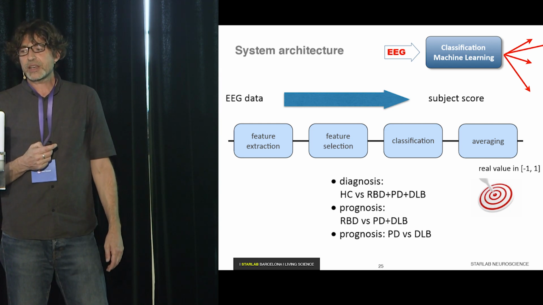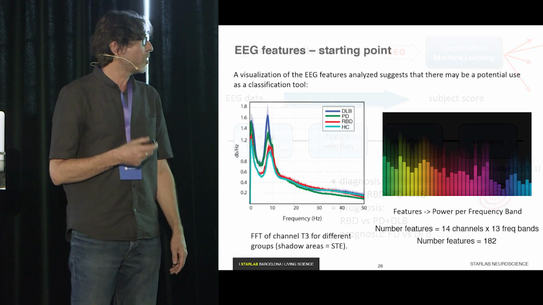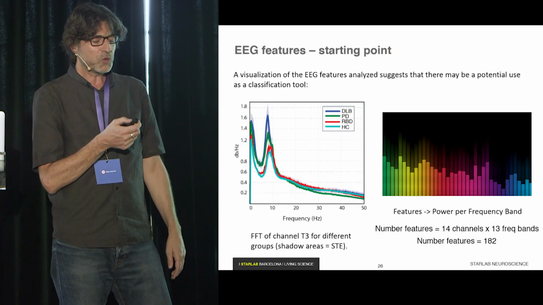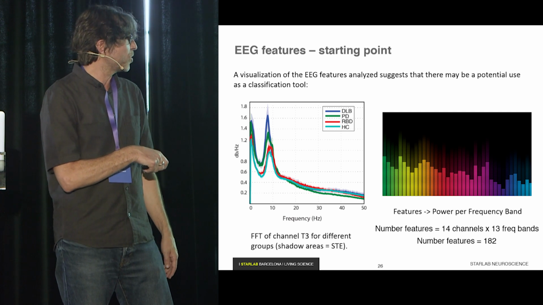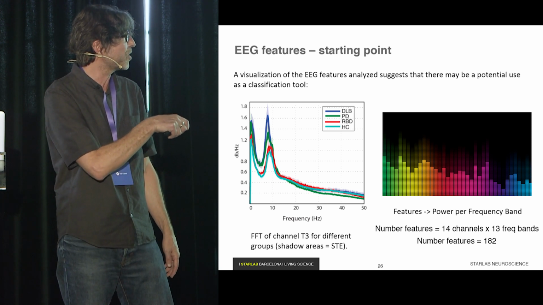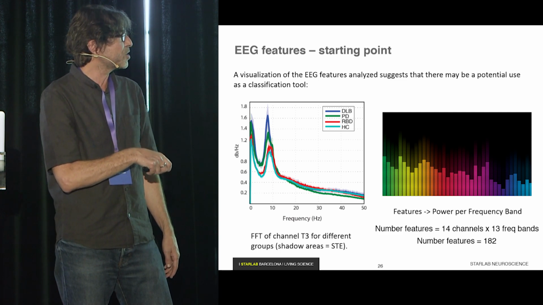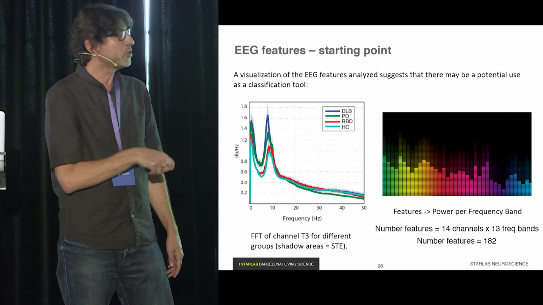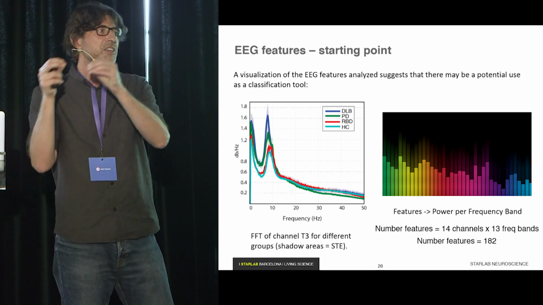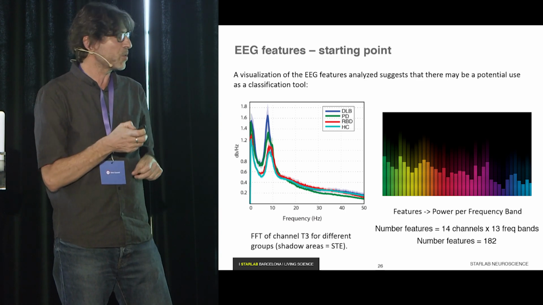For analyzing EEG data, basically you follow a similar approach as you do with audio data. You split the spectrum, which is what you have here. This is the spectra of the EEG signals in the different groups. You split these spectra into different frequency bands, and you compute the power in these different frequency bands.